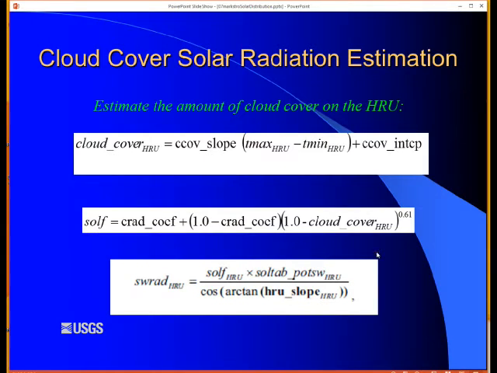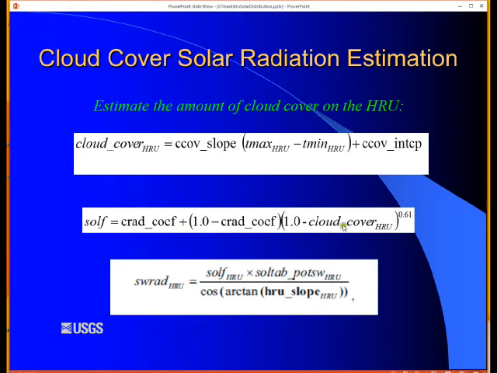And then we can look at the other module, the CC SolRad, or cloud cover solar radiation estimation. You can see the equations here. Basically, Tmax and Tmin are computed for each HRU. You've got these two parameters.